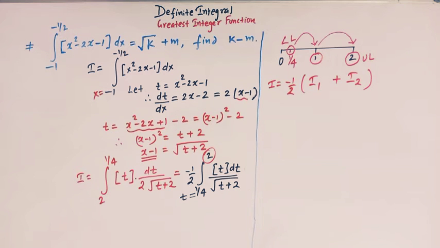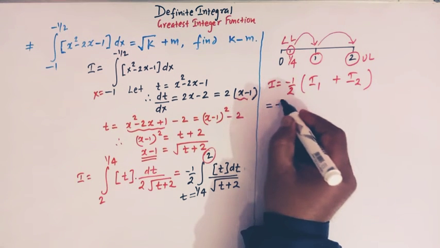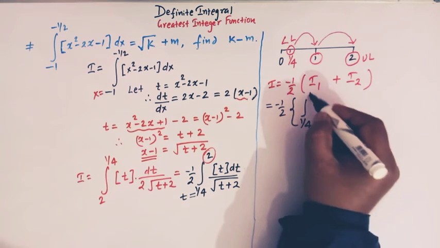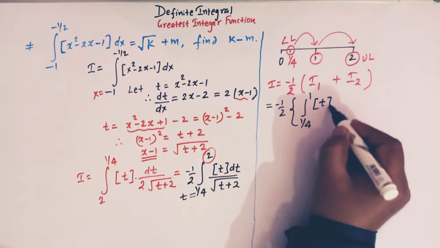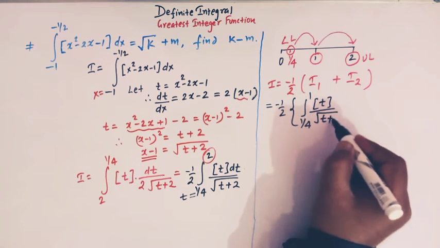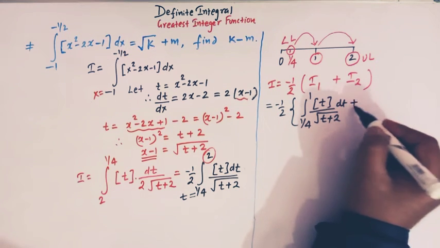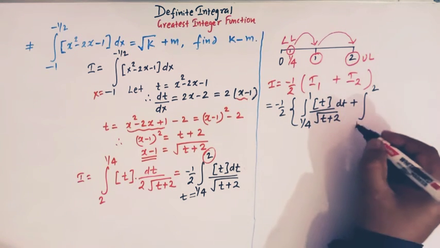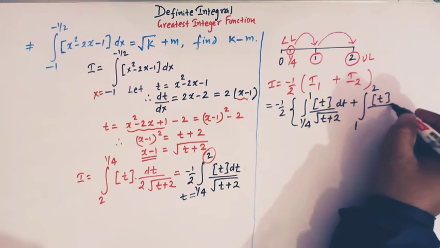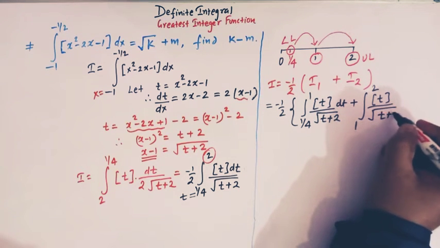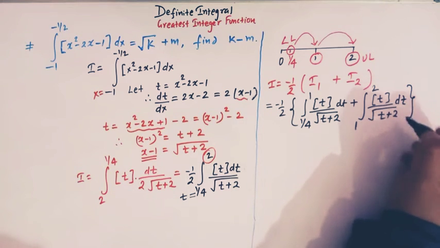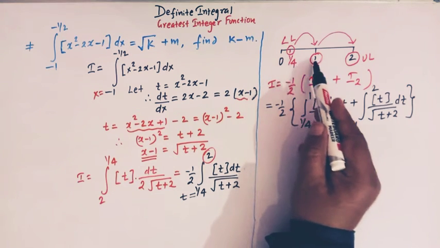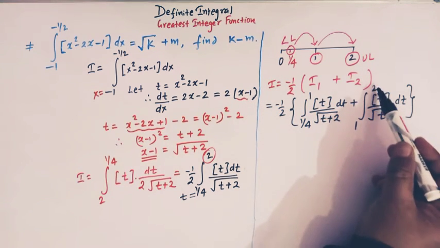I1 is from 1/4 to 1 of greatest integer t over square root of t plus 2 dt, and I2 is from 1 to 2 of greatest integer t over square root of t plus 2 dt, right? So now we have two integrals, I1 and I2.